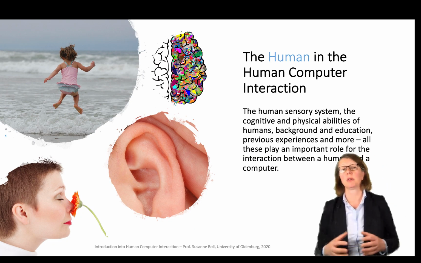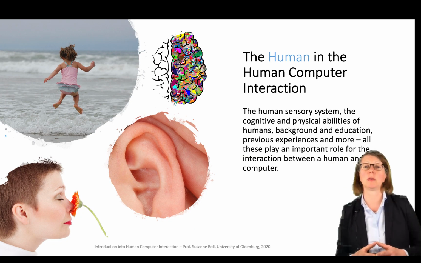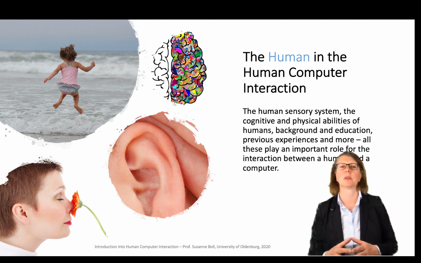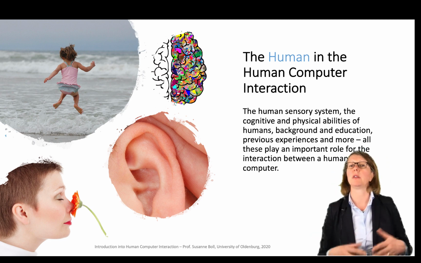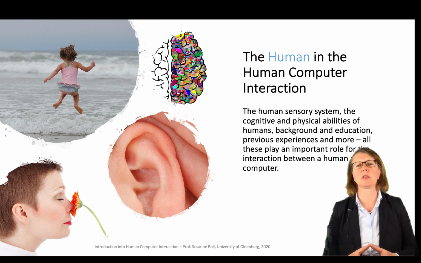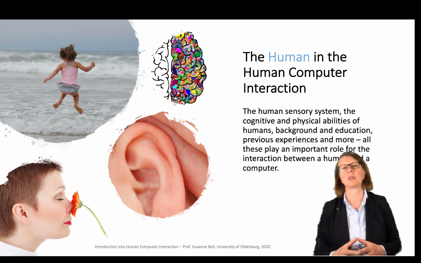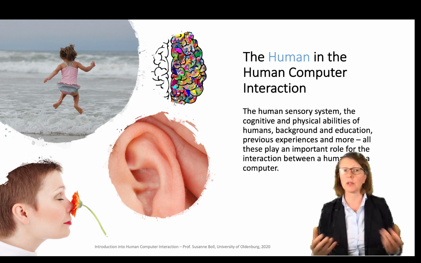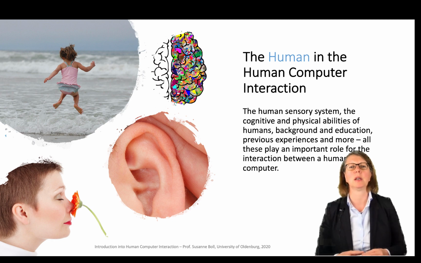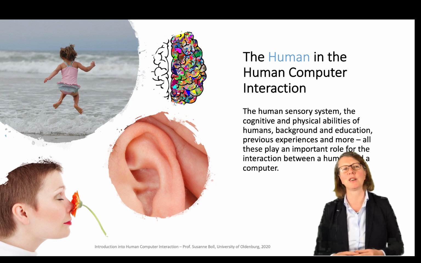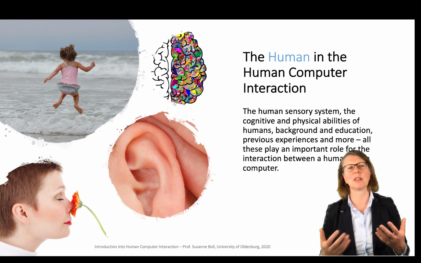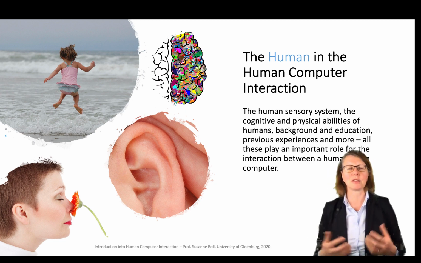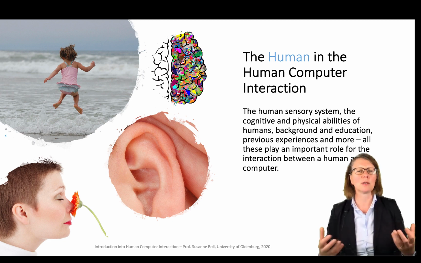What is very important to understand in HCI is the interface, the computer, and the human. Human-computer interaction involves the human, and with the human it involves all of the sensory system of the human. The images on this slide illustrate the richness of the human sensory system and interaction abilities.